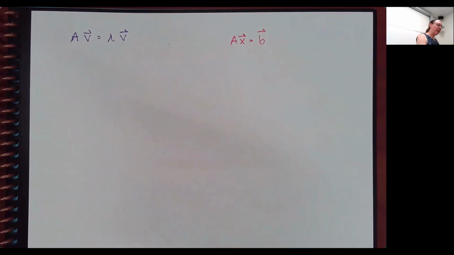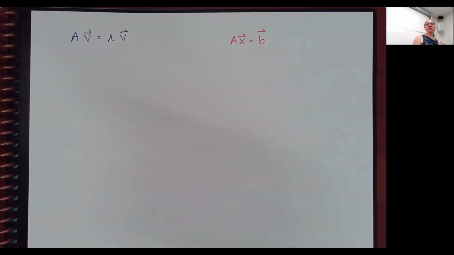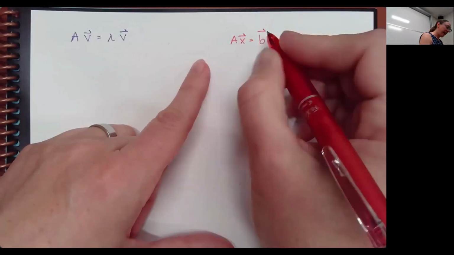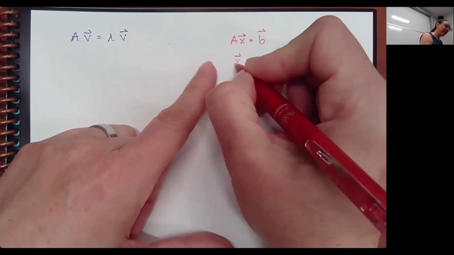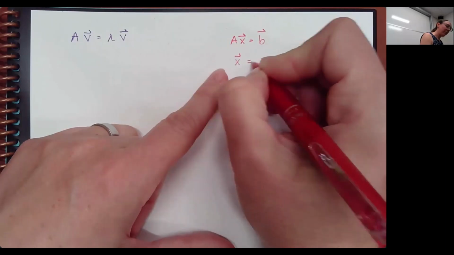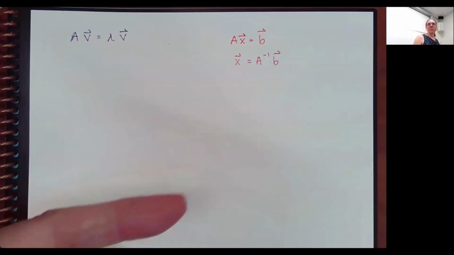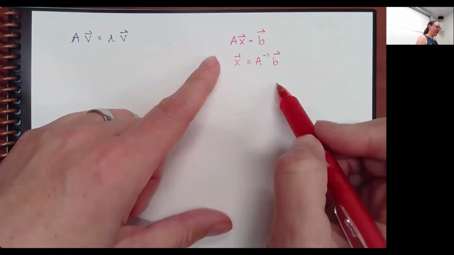And the other option that was introduced was to multiply by an inverse. So if A is invertible, then I can find that vector x by applying A inverse on the left-hand side of both equations. We're just going to keep that in mind for a second.